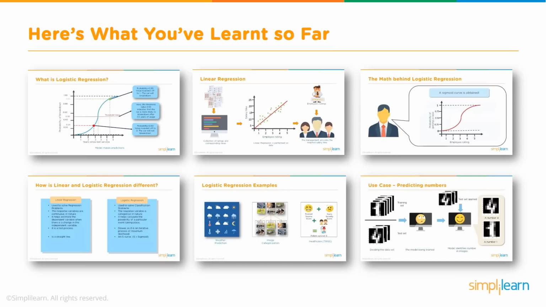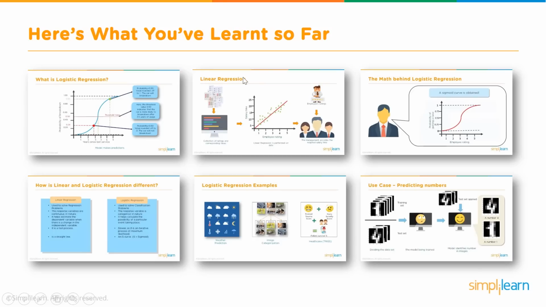Let's summarize what we have learned in this video. We discussed what logistic regression is and how it fits into the overall machine learning. We discussed the different types of machine learning and how logistic regression is one of the algorithms for classification. Then we compared logistic regression with linear regression, because the names may sound similar, but these are completely different algorithms.